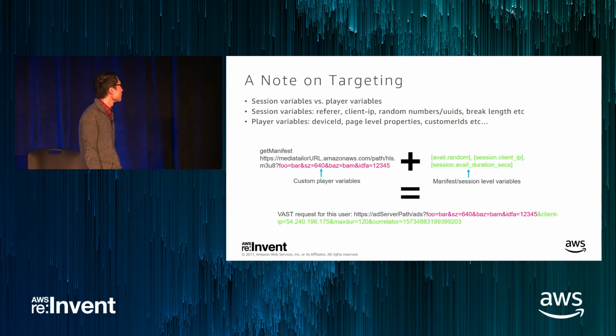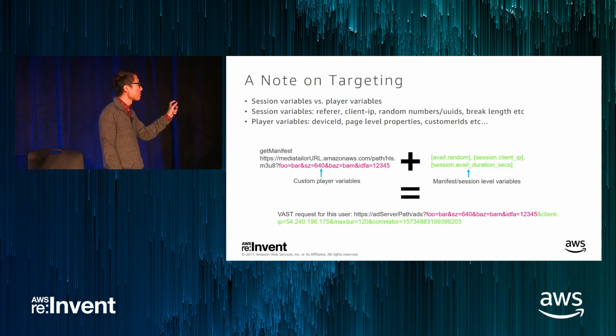And at the time of the ad break, we will construct that ad server URL with those substituted variables. So you'll have those player variables plus substituted session-level variables that we know about. And that request, in theory, will generate a unique VAST XML for that user connecting to our service.